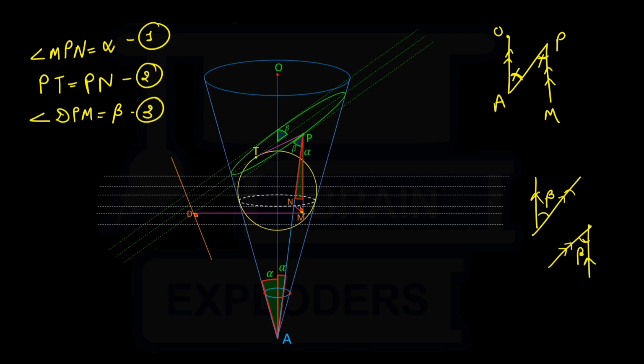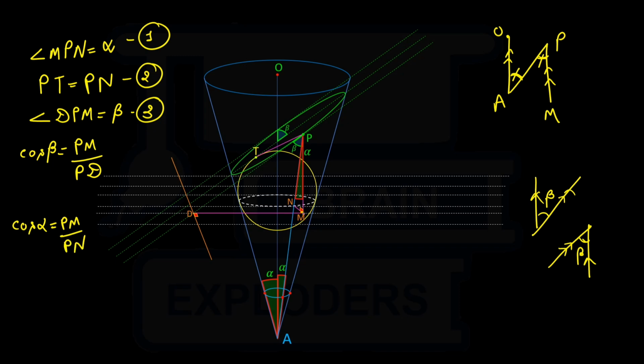Now if we write cos beta, how much is cos beta? Cos beta is equal to PM upon PD, right? And what about cos alpha? Cos alpha is equal to PM upon PN.